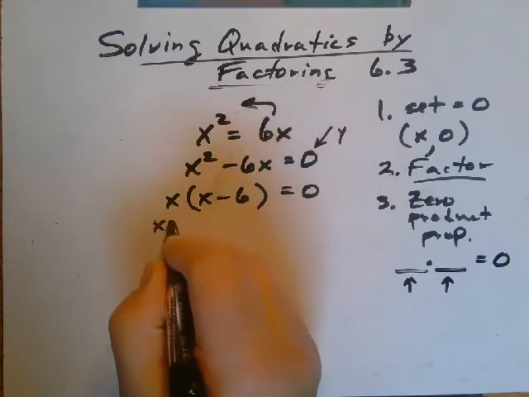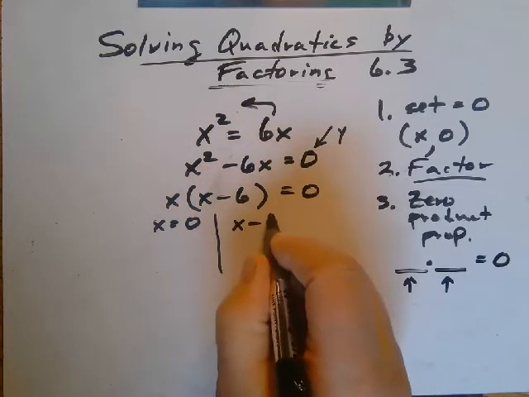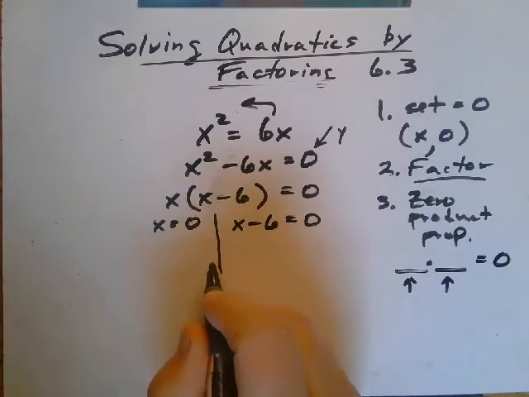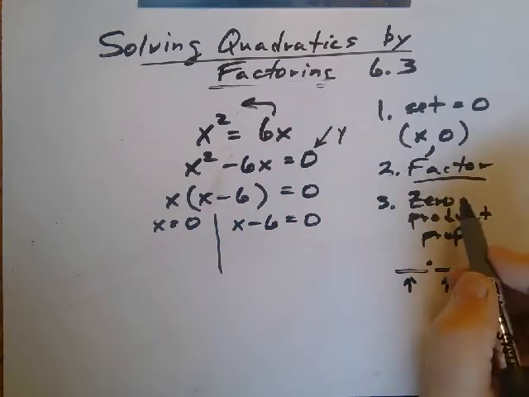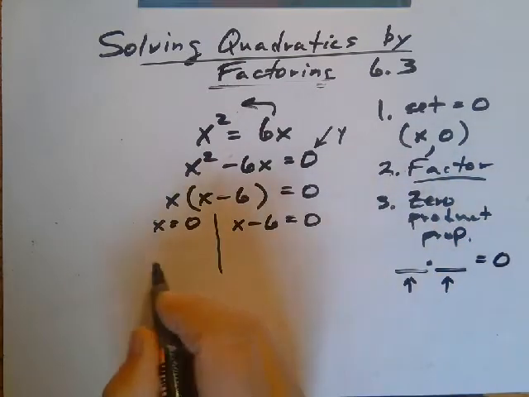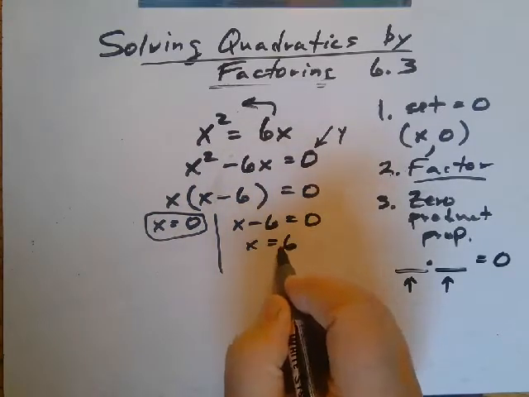So we're going to set each one equal to 0. We split the problem here, because I'm looking for two answers. This one's already done, and this one is x equals 6.